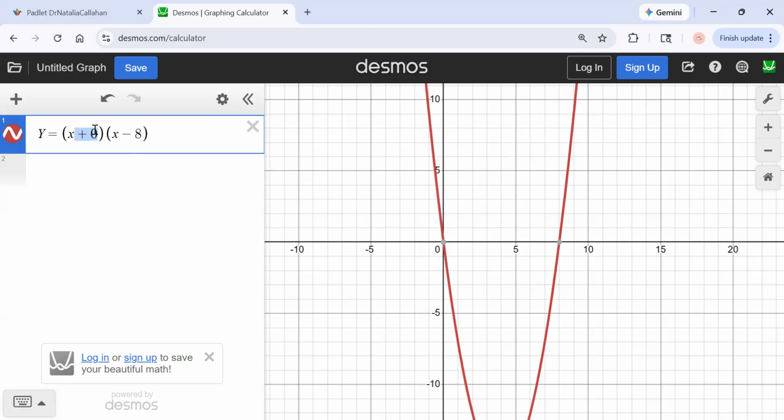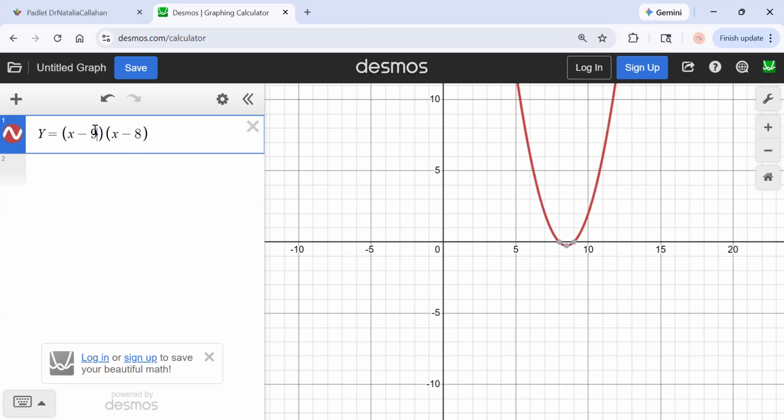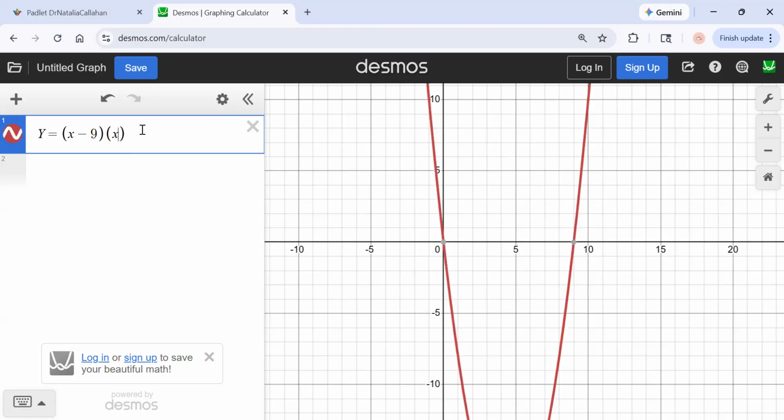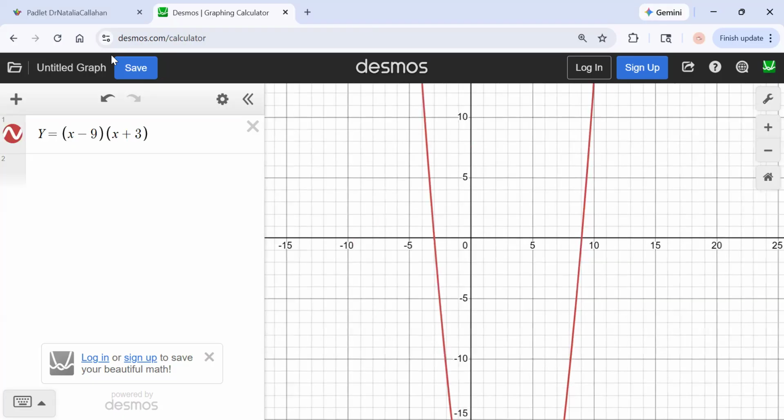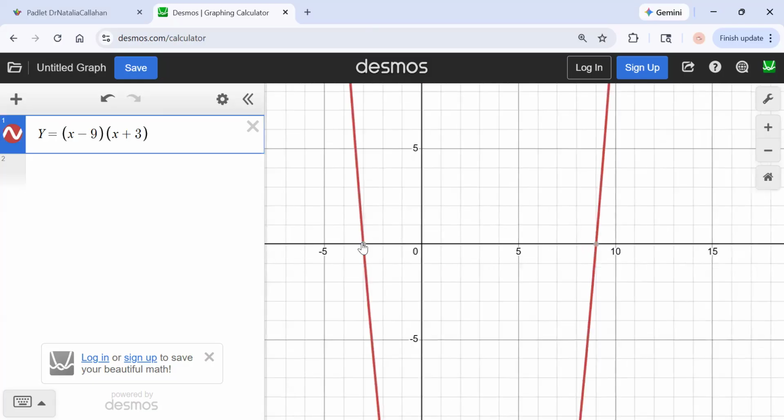It's x minus 9 and then x plus 3. All right. So then we're going to look for the x-intercept first, correct? Mm-hmm. So here's our x-intercept, -3, 0 and 9, 0.